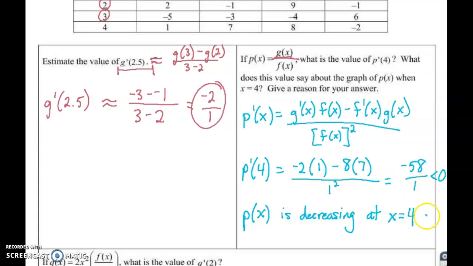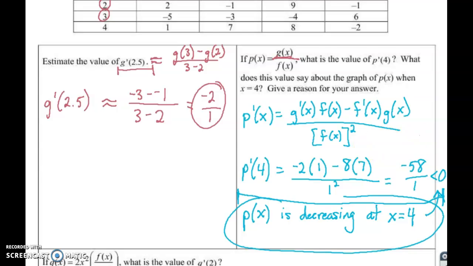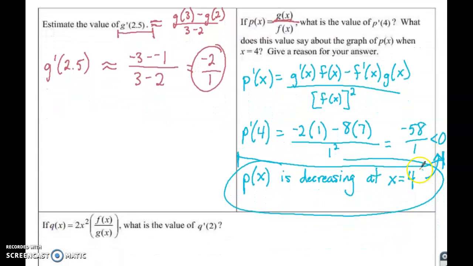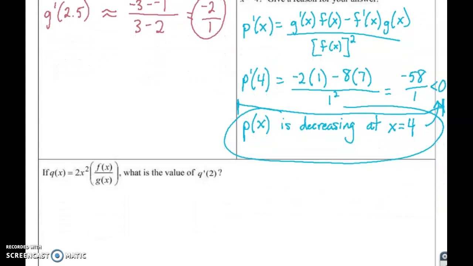And then here's your reason. P prime of 4 is less than 0. That was stated in all of this, by the way. You don't have to rewrite it because it's stated up here, but that's what they're trying to get you to say. Notice how I write it too, because the function's not increasing or decreasing everywhere. I mean, it could be, but it doesn't have to be. But you're saying that the function is decreasing at that specific x value.